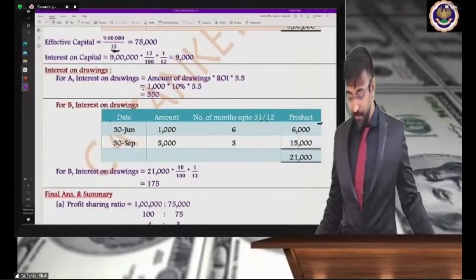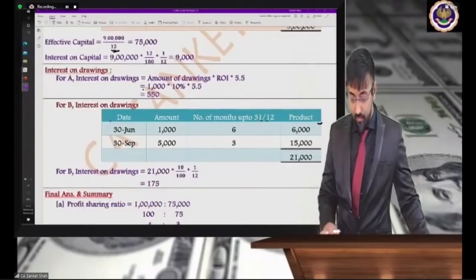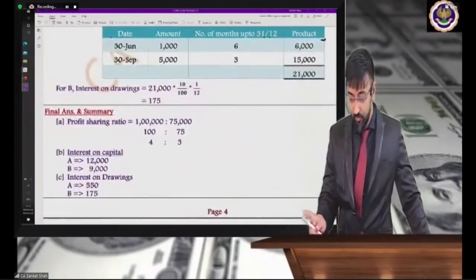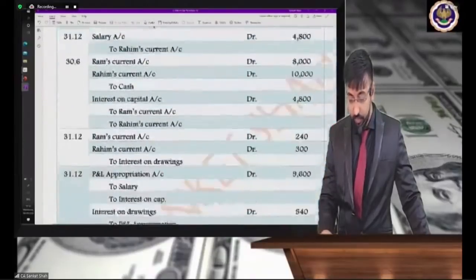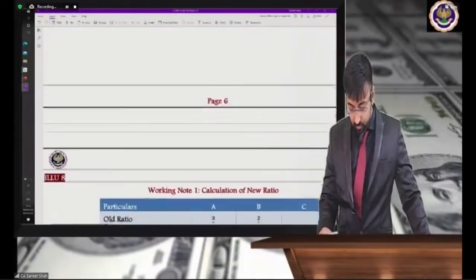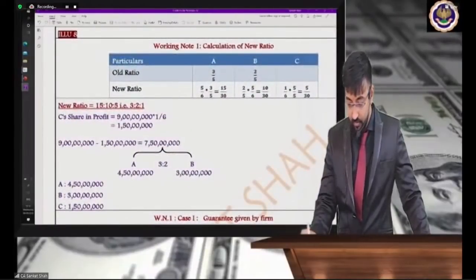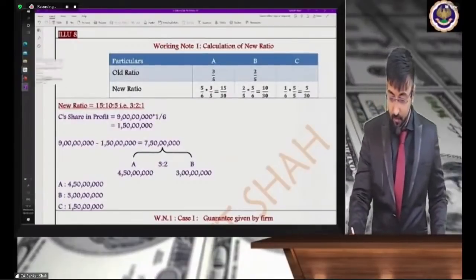Okay, let's move ahead. Now you only tell me illustration number 8. 8, right? Okay, illustration 8.